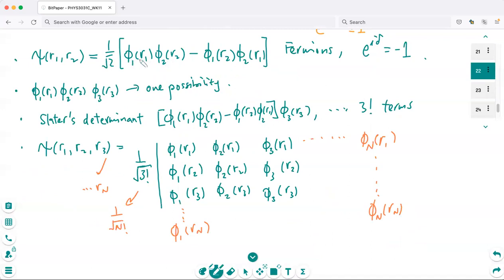Then they subtract and become 0. What about bosons? Whenever you see a minus, you change it to plus. And if you have two particles occupying the same state, you have phi 1, phi 1, phi 1, phi 1. They don't go to 0. There is no mechanism to kill the total wave function, and therefore that is allowed.